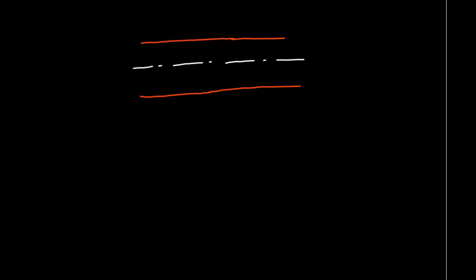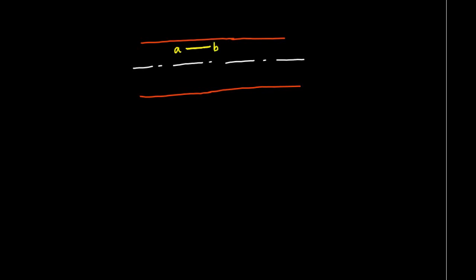Now I'm going to consider a layer at a distance y from the neutral axis. I'm representing that layer by this yellow line. Let me call those edges A and B.